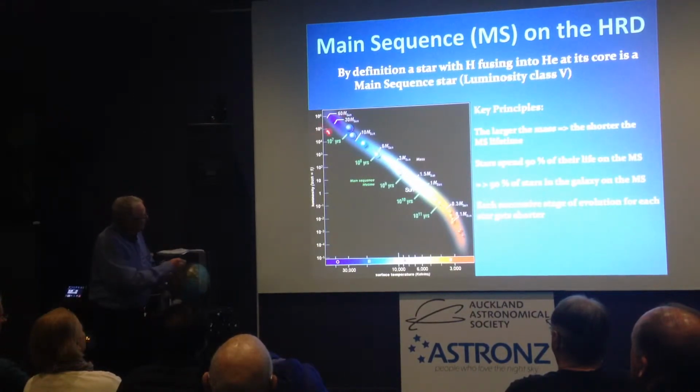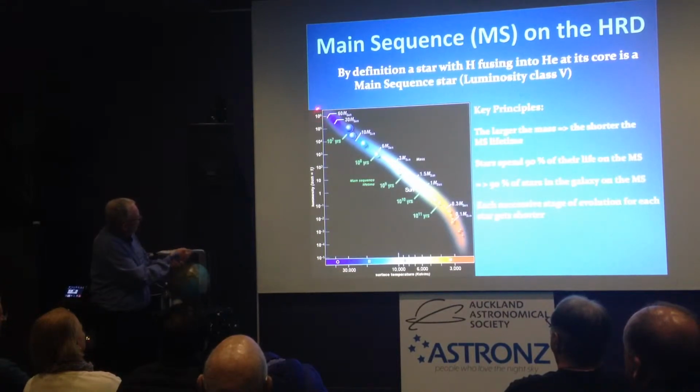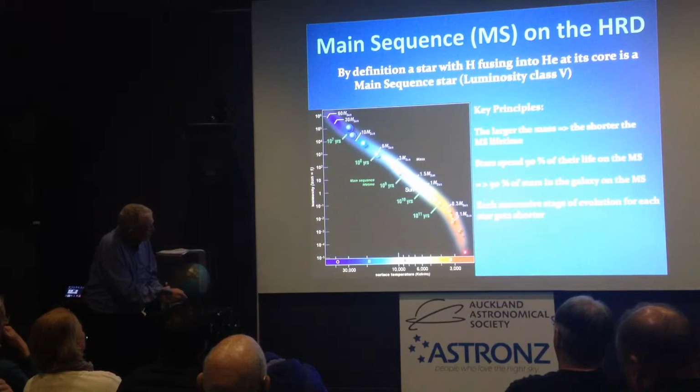It starts up here, the main sequence, in the top left-hand corner: high temperatures, over 50,000 degrees, up to 100,000 degrees, and high luminosity, a million times as bright as our sun. It quietly trickles all the way down here to these really low temperatures, less than 3,000 degrees, and really, really dim.